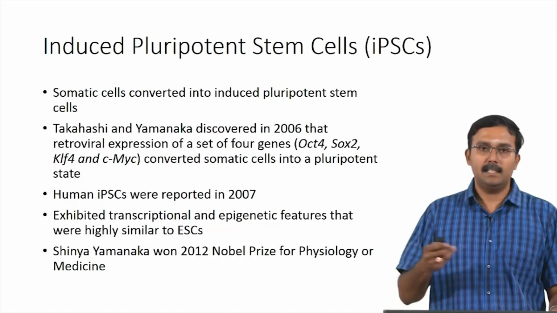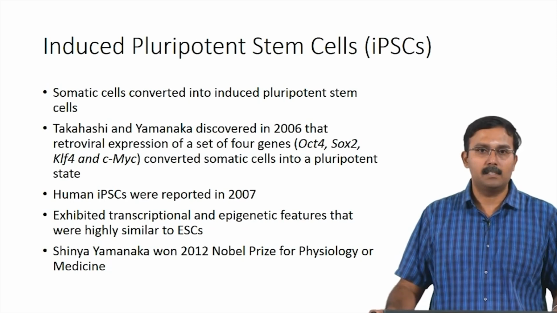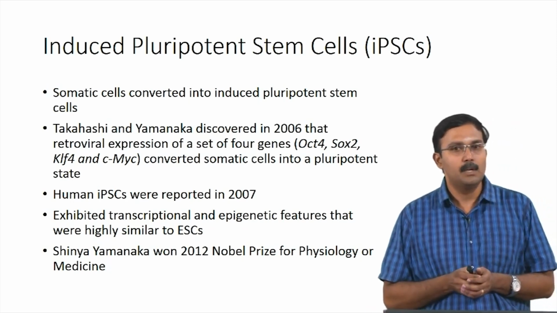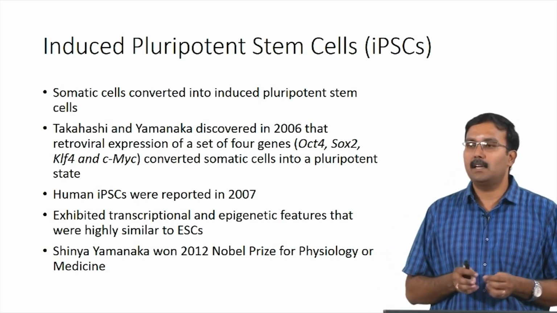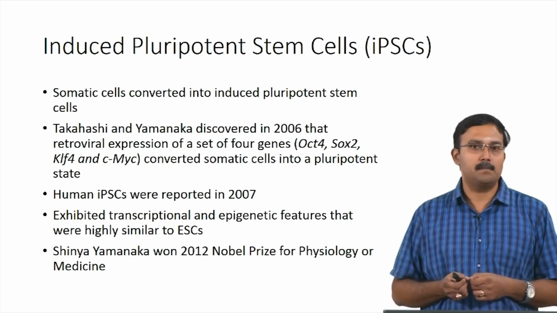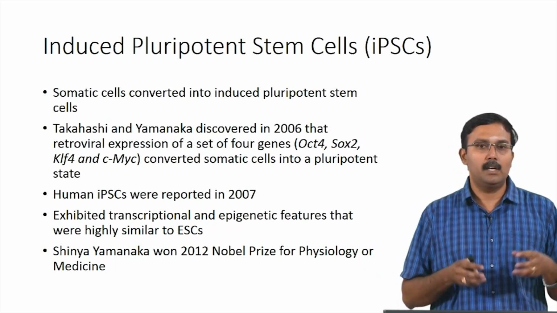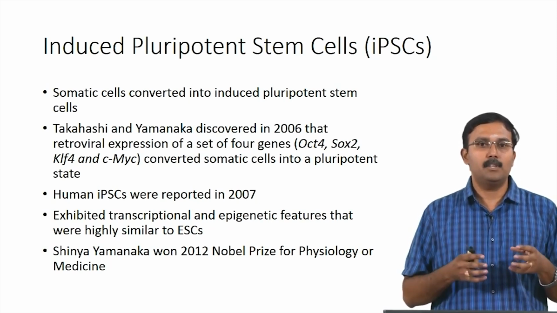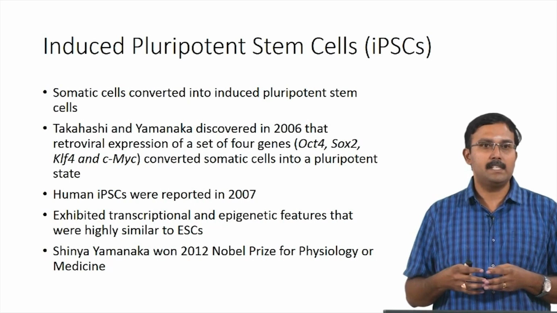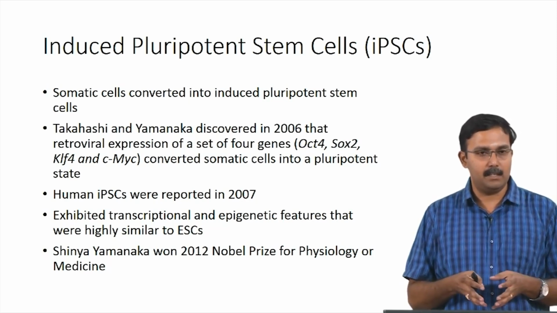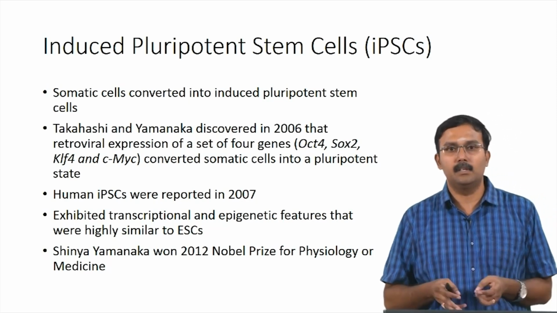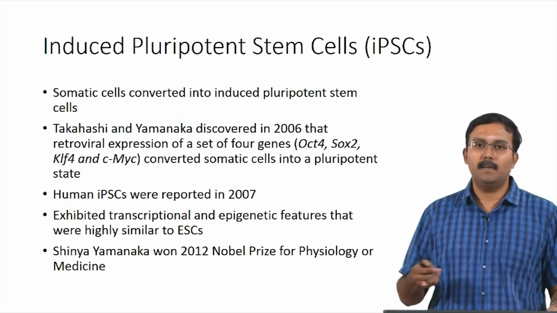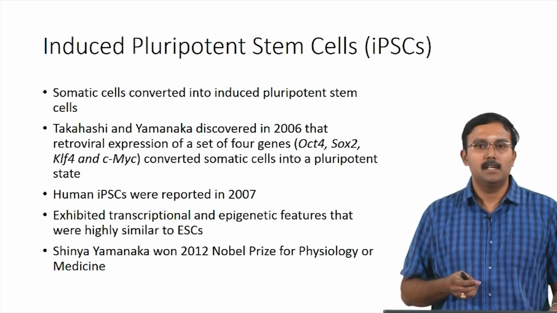So, iPSCs are the last type of stem cells which we will quickly go into. These are basically somatic cells which are reprogrammed into induced pluripotent stem cells. This was first shown in 2006 by Takahashi and Yamanaka, and what they showed was that a set of 4 genes can be transfected into the cells to turn them into pluripotent stem cells.